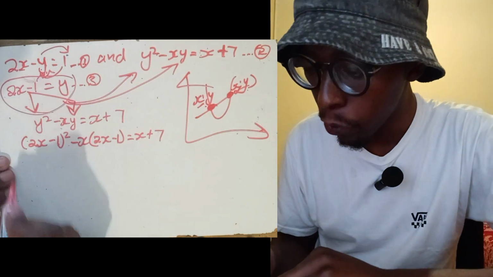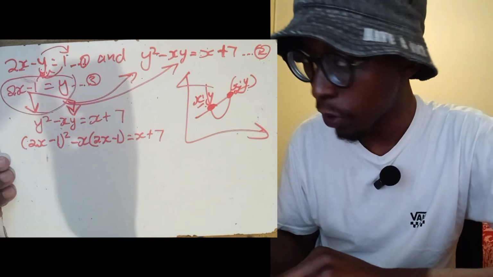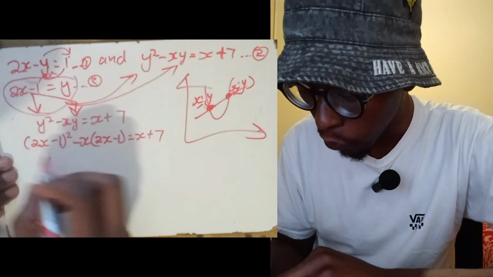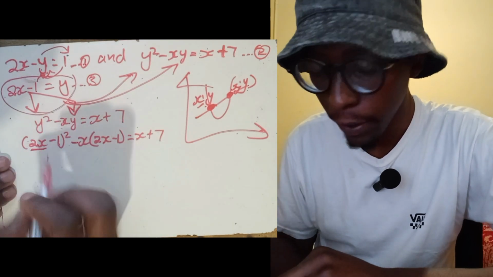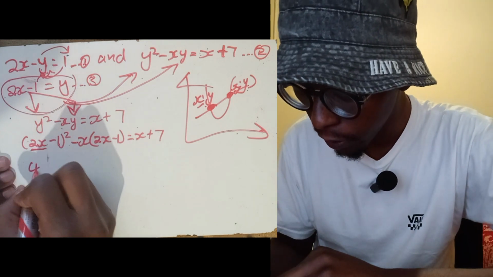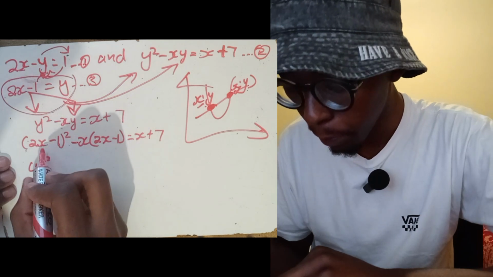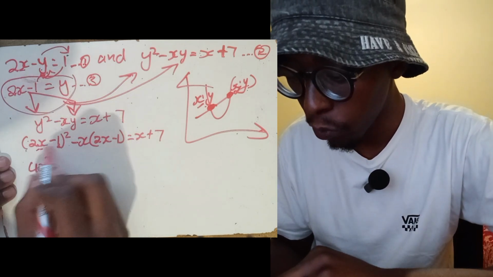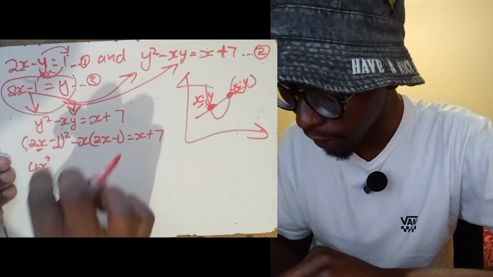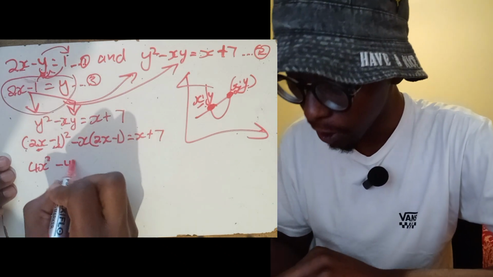And then now I have to expand. I'm going to show you a shortcut, which is mentally the same thing. Square your first term: 2x squared is 4x squared. Then multiply the two terms: 2x times negative 1 is negative 2x, doubled it becomes negative 4x.